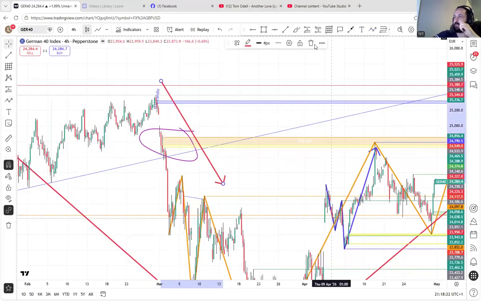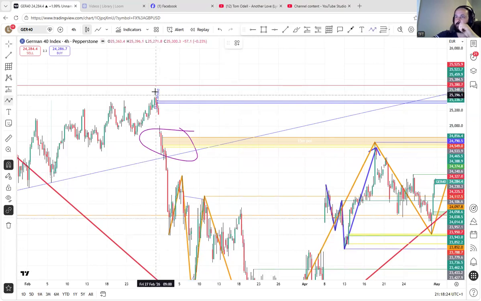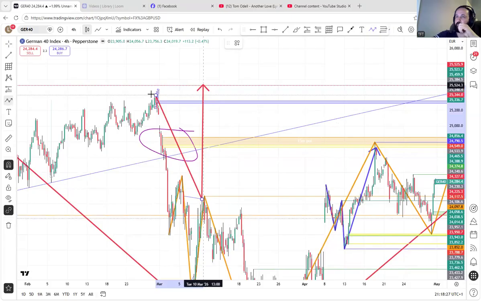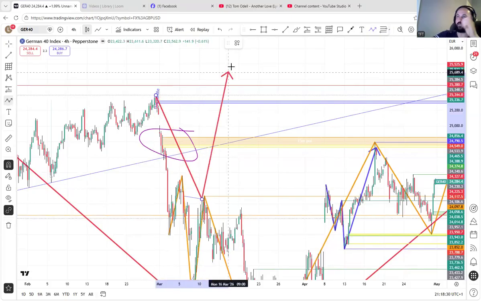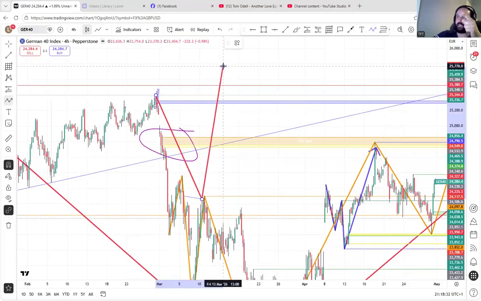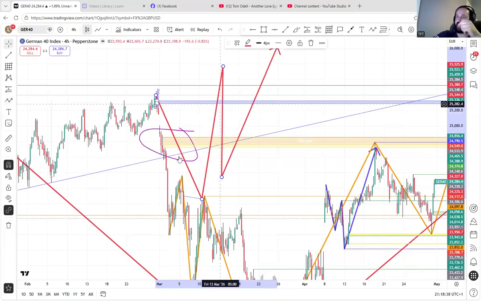Right, from there, we take liquidity. We could have broke above this high that caused it to be taken. That would have signaled buys straight away, because then it would have broken above here, and I'd have been looking for a buy out of this. So what it does after liquidity determines the direction the market's going, which is why liquidity being taken matters.